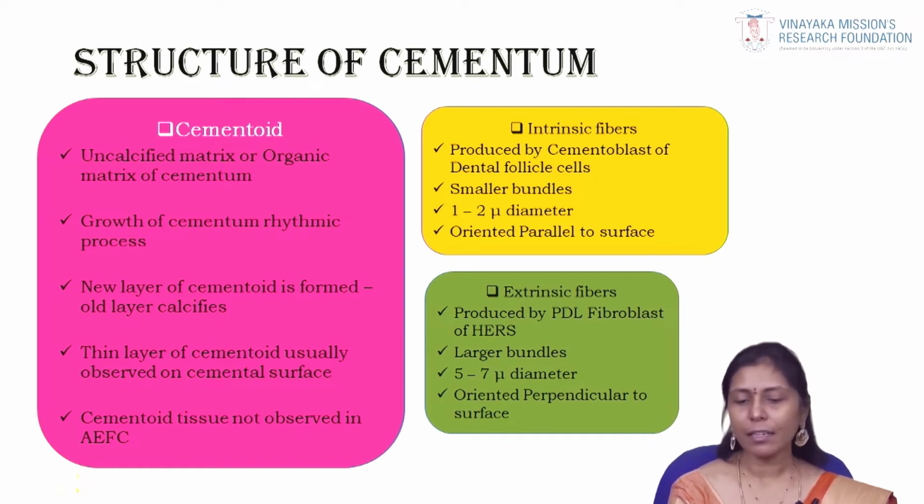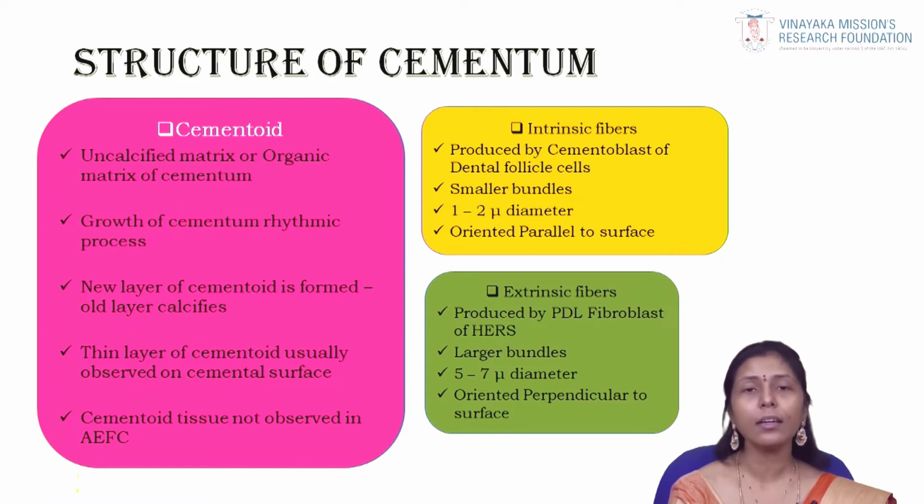So next is intrinsic fibers. I have already said intrinsic fibers are produced by cementoblasts of the dental follicle cells, and these intrinsic fibers are arranged as smaller bundles, 1 to 2 micrometers in diameter, oriented parallel to the surface of the cementum. Whereas extrinsic fibers are produced by fibroblast cells, that is, the periodontal ligament fibroblasts of the Hertwig's epithelial root sheath.